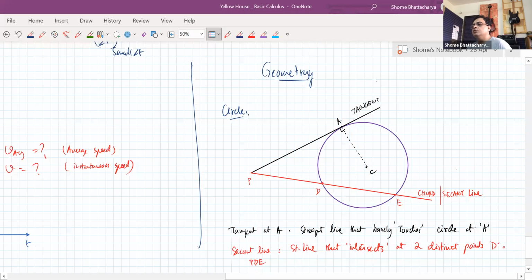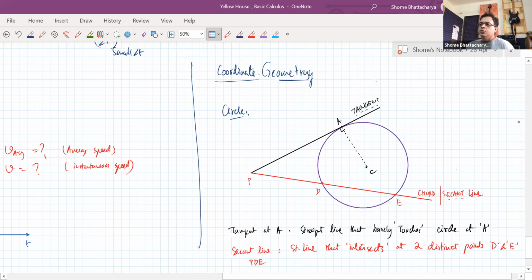So for example, if I was talking about a well-known geometrical figure, which is the circle, this is the difference between what we call a tangent line and a secant line. I'll come back to rate of change, don't worry about that. I'll come back to instantaneous velocity and average velocity. But just talking in terms of coordinate geometry, this is what we mean as the difference between a tangent and a chord in the case of a circle, or a tangent and a secant line.